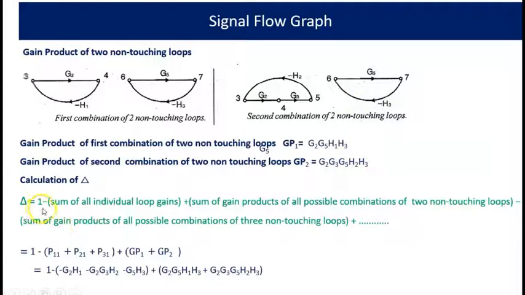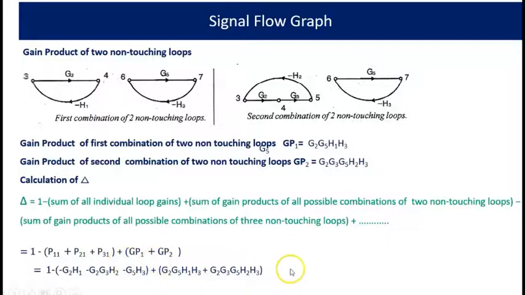So delta is equal to 1 minus sum of all individual loop gains, that is the loop gains of the 3 loops, plus sum of gain products of all possible combinations of 2 non-touching loops, that is GP1 plus GP2.